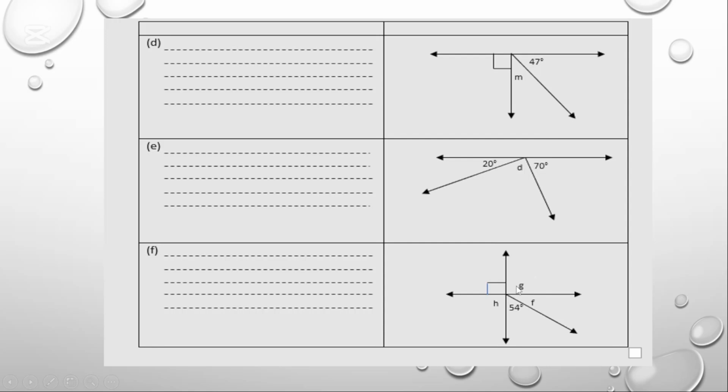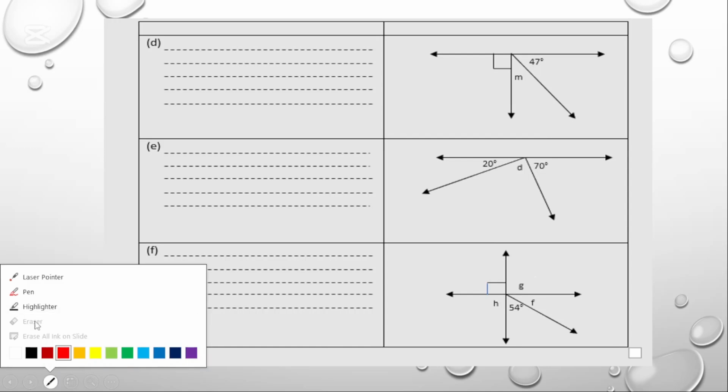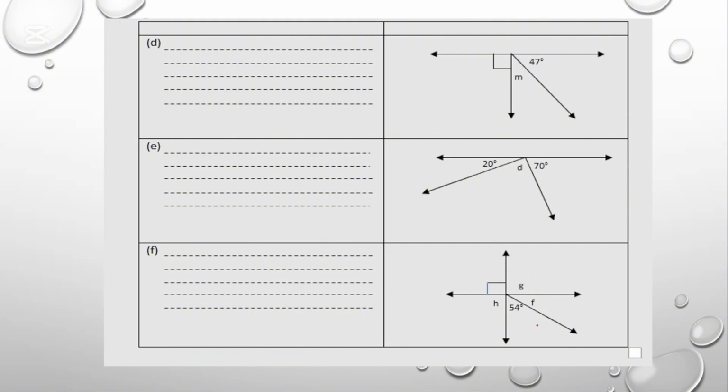Now, I'll rather start with G because we know that G and 90, they add up to 180. So I'll start with G rather. That's the best one to start with, I think. G or H. G and this 90, they are supplementary adjacent angles, and they are on the same side of this line here.